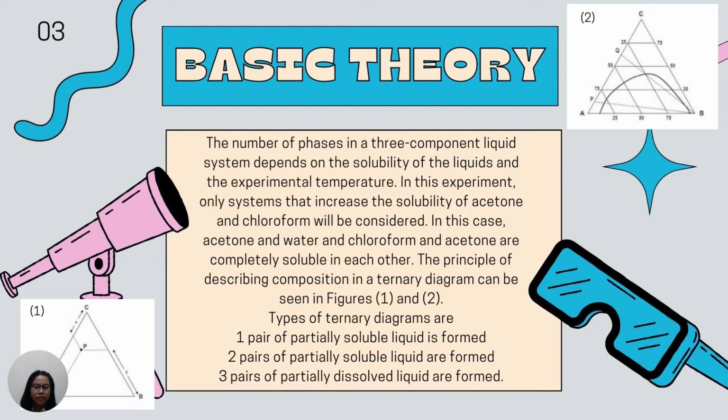The points located in the triangular diagram represent the sum of the levels of each component. Types of ternary diagram are: one pair of partially soluble liquid is formed, two pairs of partially soluble liquid are formed, and three pairs of partially dissolved liquid are formed.